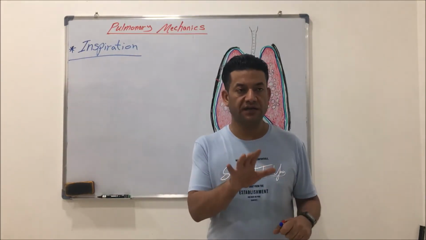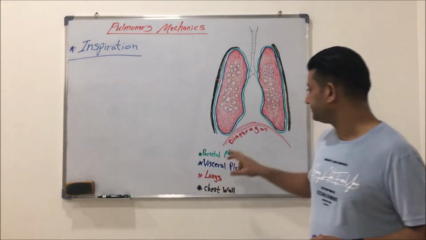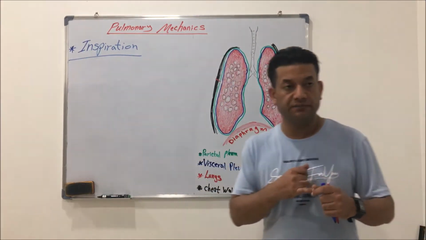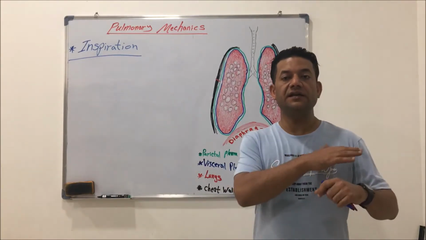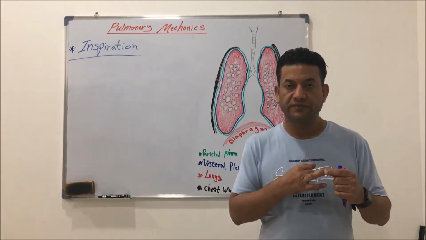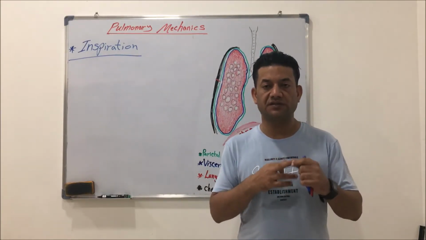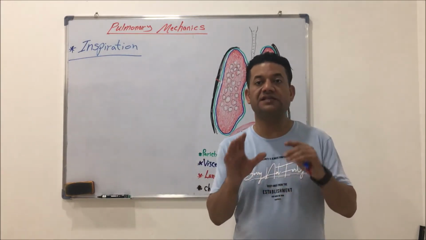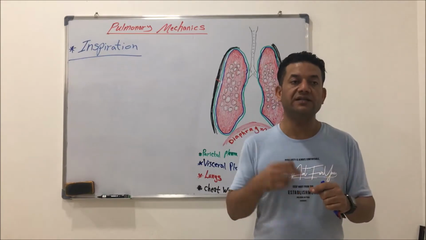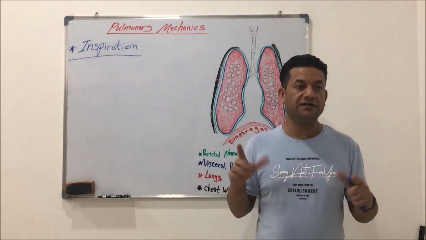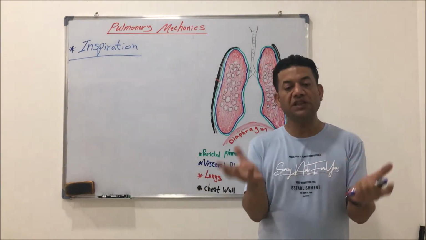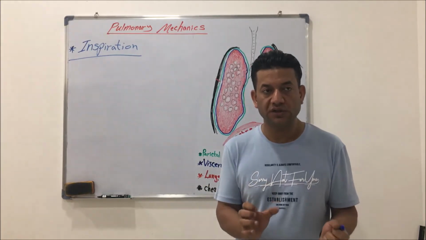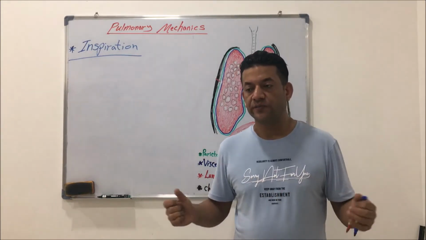The inspiratory muscles include the diaphragm, the external intercostal muscles, the sternocleidomastoids, and the scalenes. All these muscles are called inspiratory muscles.